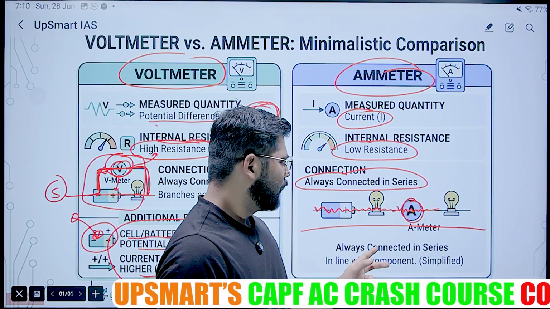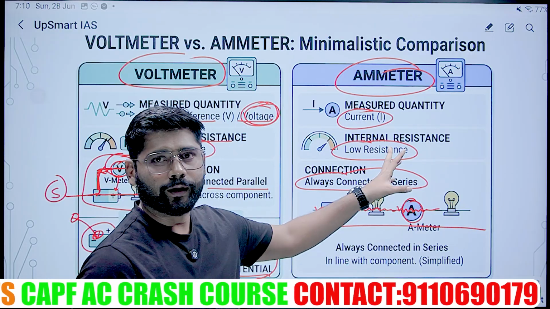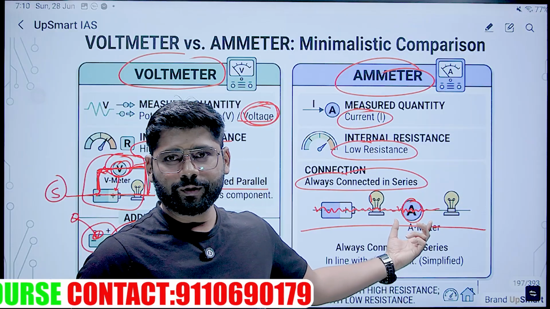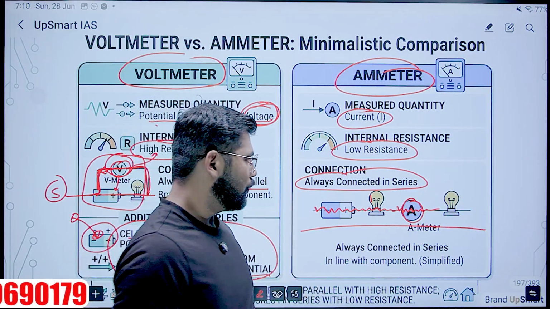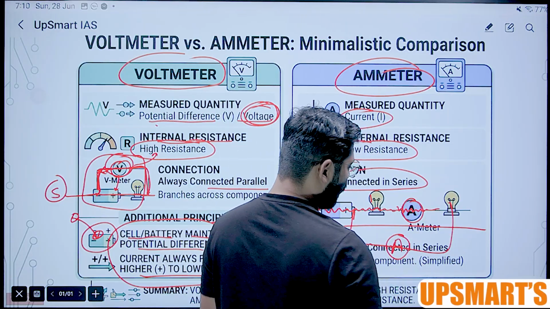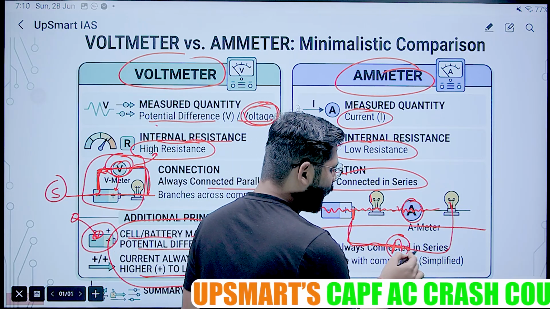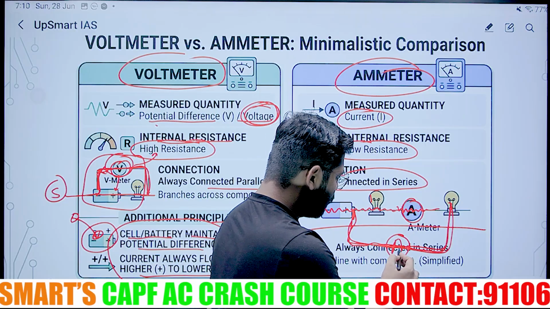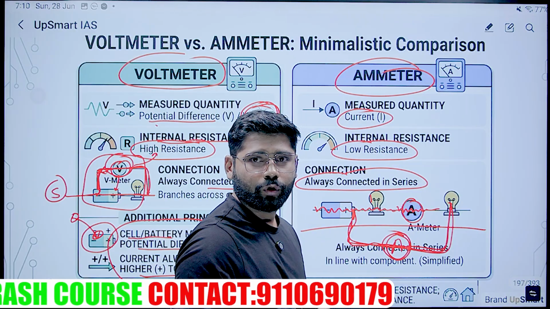And these are interrelated. The ammeter has low resistance, that's why we connect it within the series. So what would have happened if you had connected the ammeter here? The ammeter has low resistance, so the flowing current would have got an alternative path, and since it has low resistance, it would allow whatever current comes to flow forward.